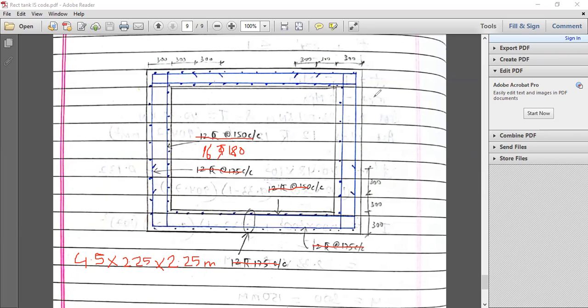Understood? So in this case, you will have to find out. ठीक है, तो same table you can consider.